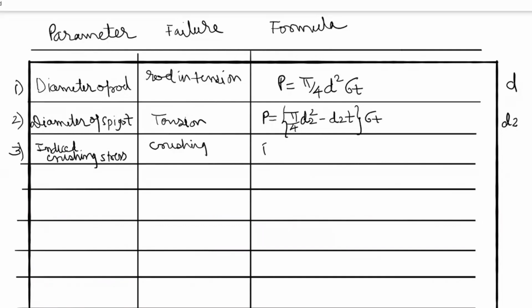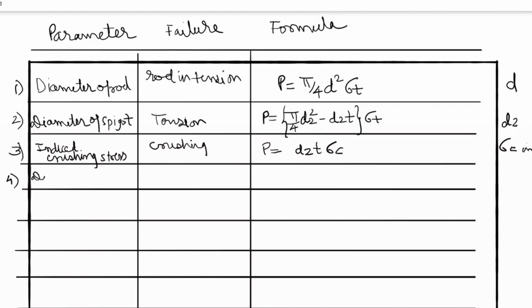And how do we find P equal to crushing failure of what? Crushing failure of the cotter with the rod end. So the formula is d2 into t is the area multiplied by sigma c, and we get here the value of induced sigma c. Sigma c induced is checked.